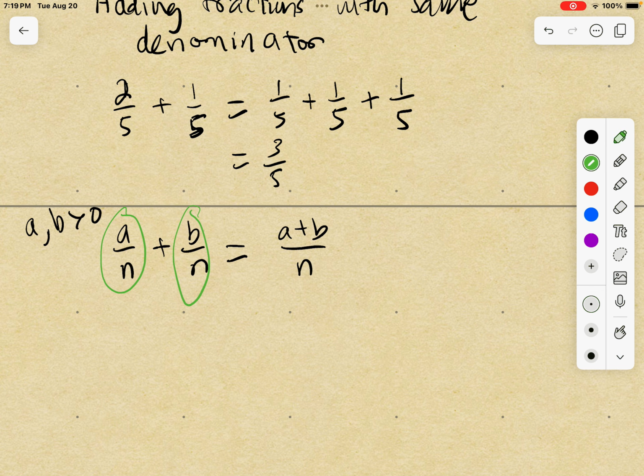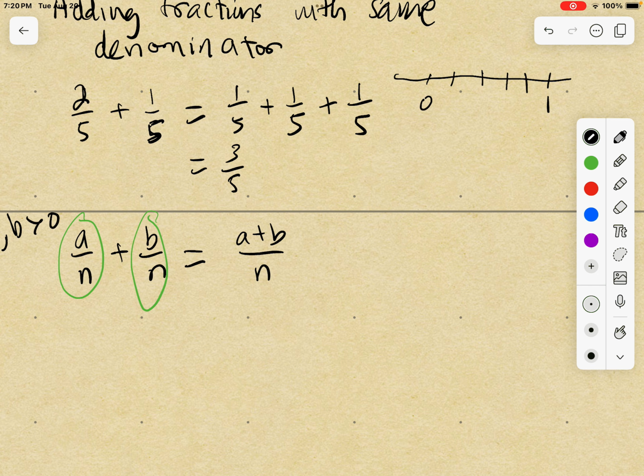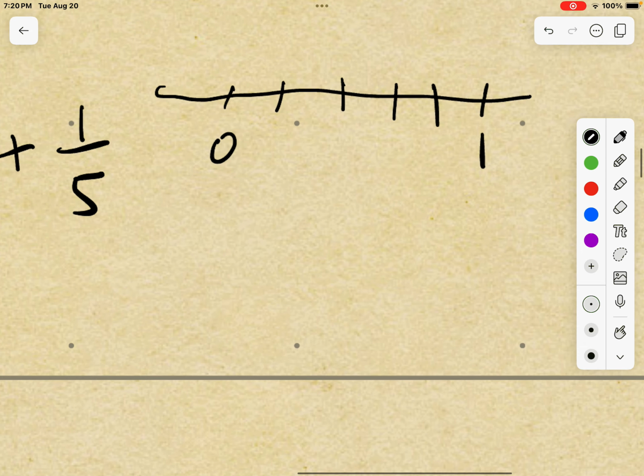So let me draw a little picture. To illustrate 2/5 plus 1/5, I broke up this segment from 0 to 1 into 5 equal pieces. So here's 0, here's 1/5, 2/5, 3/5, 4/5, and 5/5.